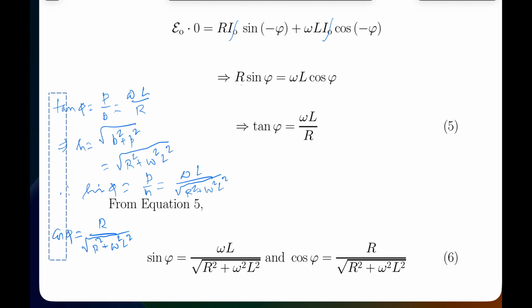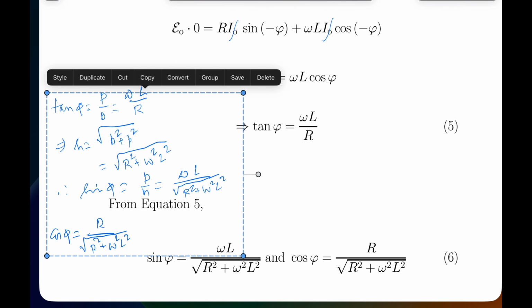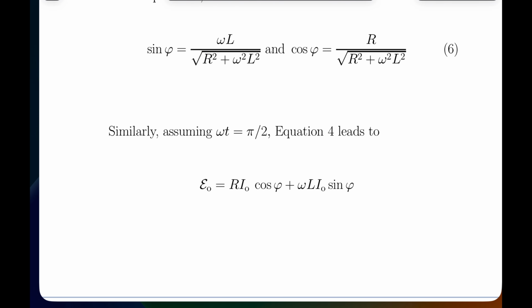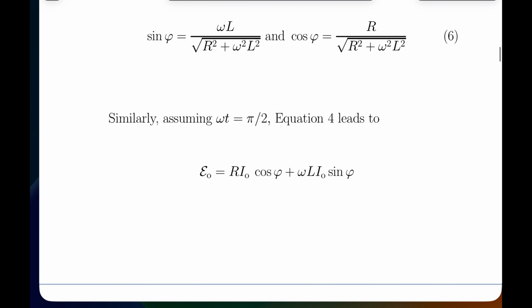Now, so assume that omega t is pi by 2. Then equation 4 gives you E naught is I naught R cos phi plus omega L I naught sin phi.